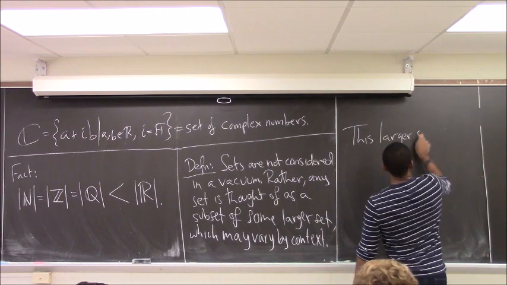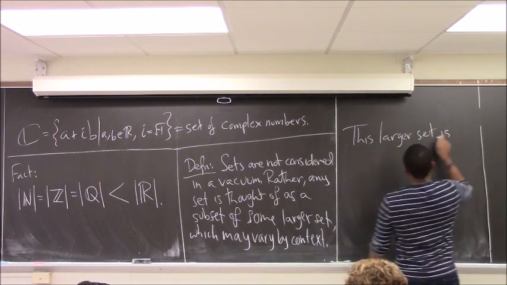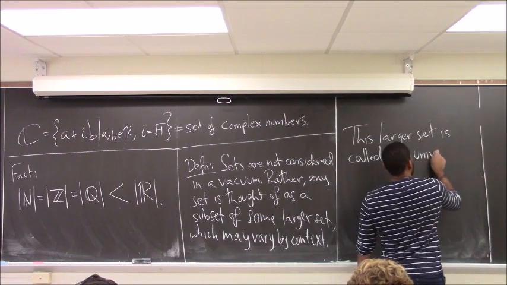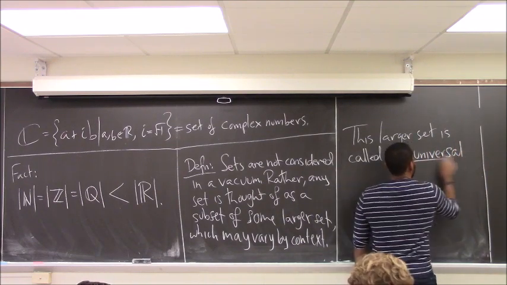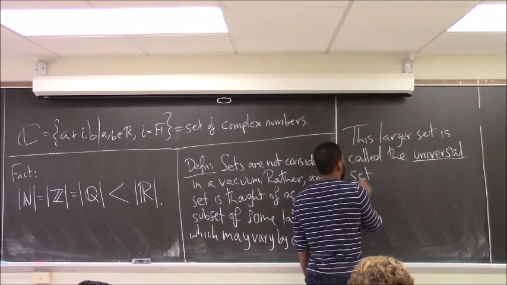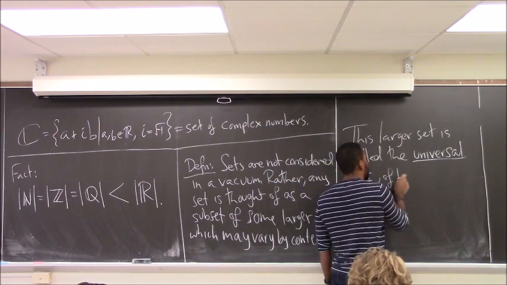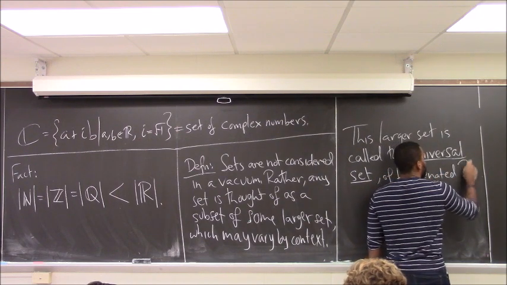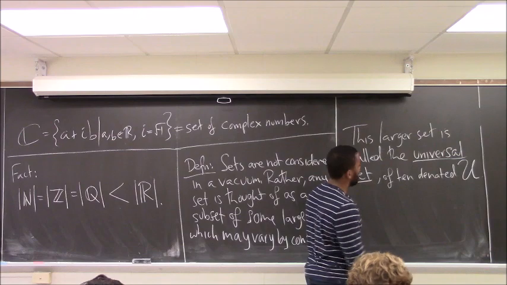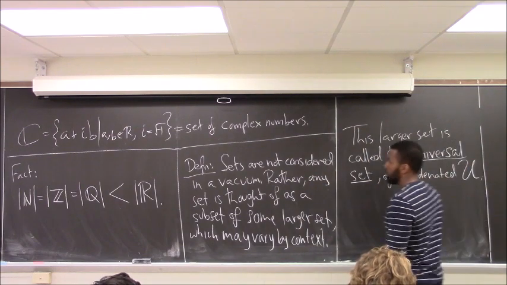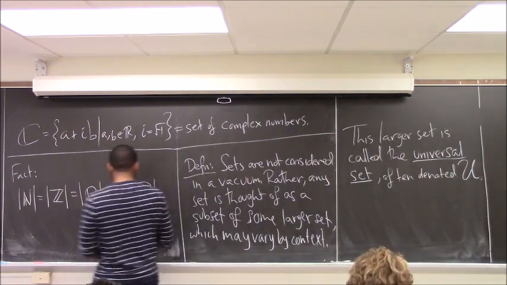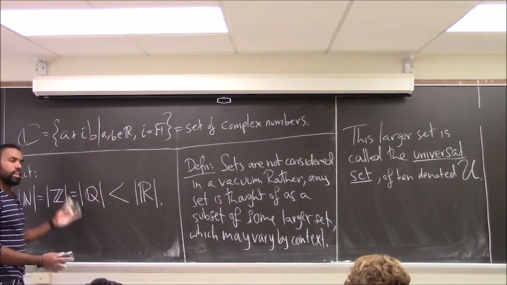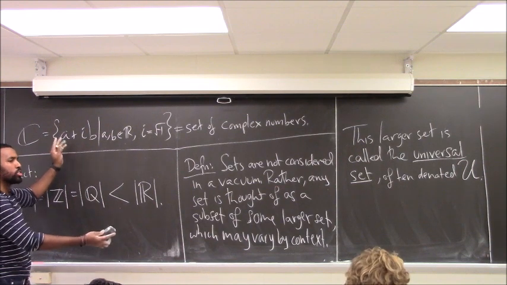This larger set is called the universal set, often denoted by a fancy uppercase U. So if I say, oh, there's a set A that's doing blah, you always imagine that in the background there is some giant universal set where this A lives.